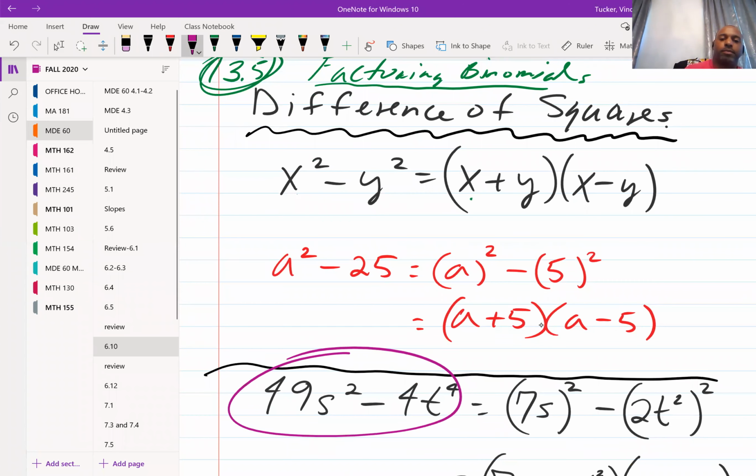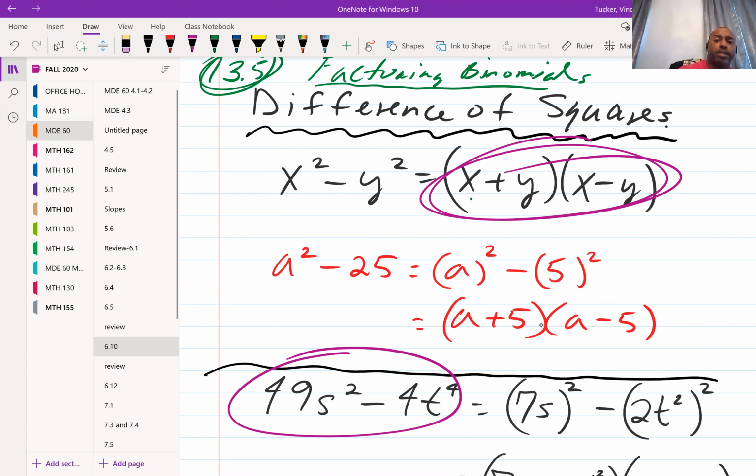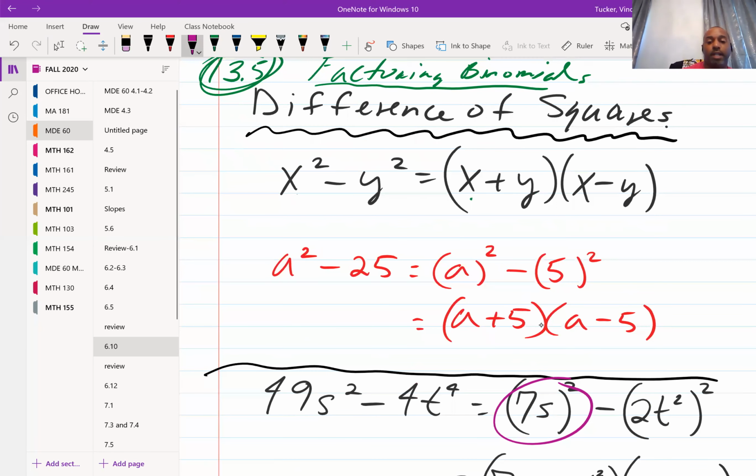So the next one down here, same type of thought process. Are they perfect squares? If they're not perfect squares, I cannot use this formula right here. So you have to establish what the perfect square roots are. Looking at 49s squared, that's 7s being squared. 4t to the fourth, well, that's 2t squared being squared. All right, make sure we're okay with that. So you're looking at taking the square root of each one of your terms, seeing if the square root can be taken.